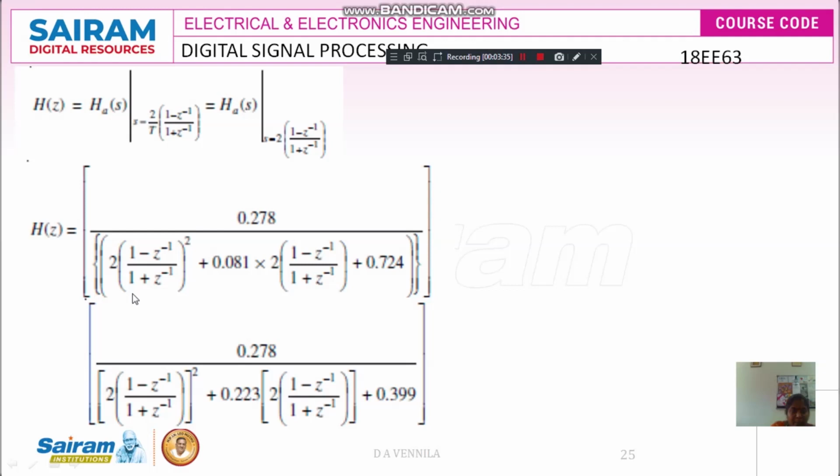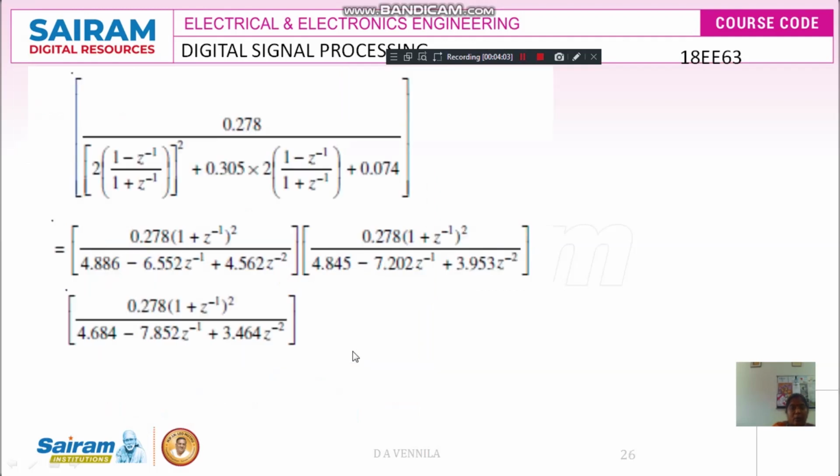Taking the LCM, the denominator is 1 plus z power minus 1 whole square. Here 4 into 1 minus z power minus 1 whole square; since 1 plus z power minus 1 whole square is already there, we do not write it again, plus 0.081 into 2 into 1 minus z inverse into 1 plus z inverse, plus 0.72 into 1 plus z inverse to the power 2.